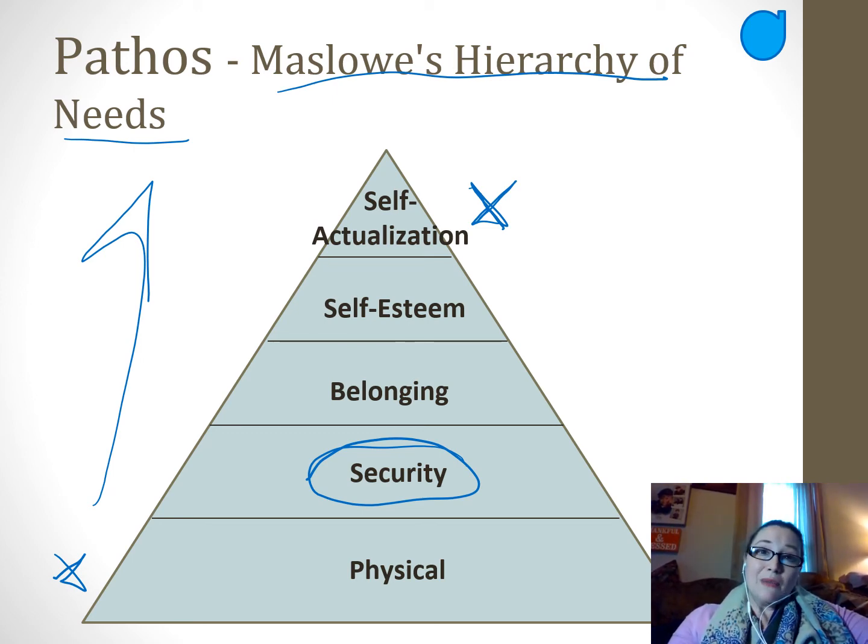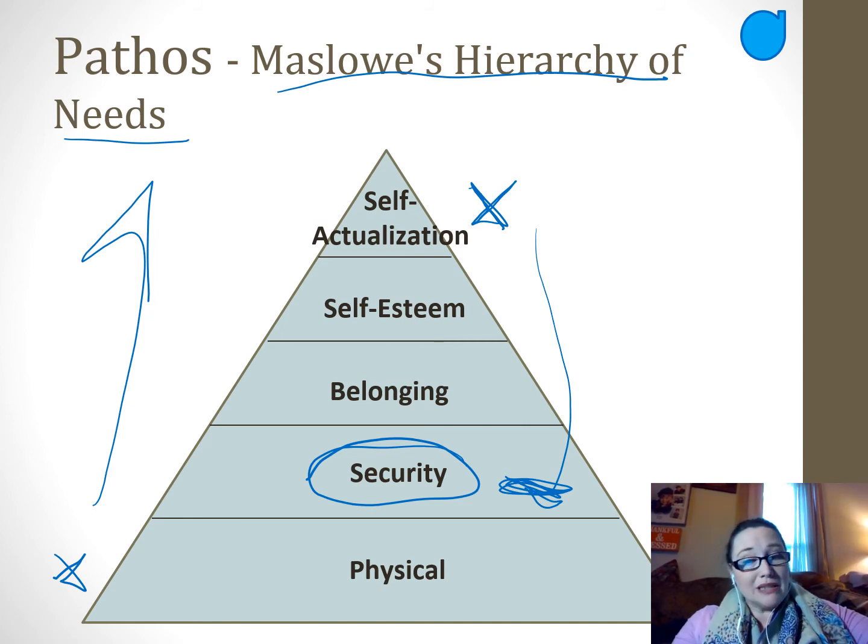But then when the coronavirus hit and everything went haywire, your courses went online, we are dropping down to this level where our security feels threatened. We may feel anxiety about the situation around us. We may feel anxiety about just being cooped up for an indefinite amount of time.